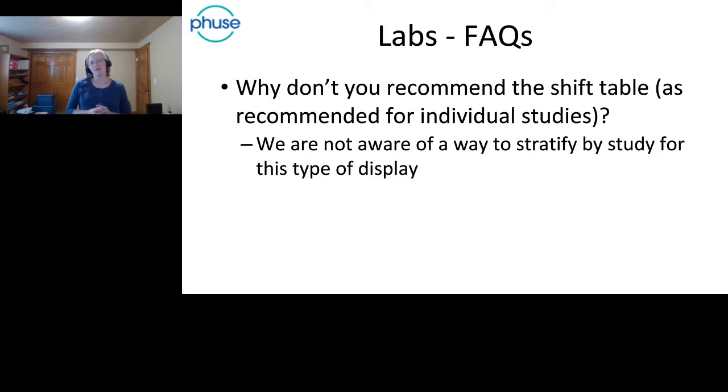But in the integrated world, we don't really know how to create a similar display that appropriately adjusts for study, right? How to stratify by study in that type of display. So right now, it's just not recommended because we don't necessarily have a good method to make sure you're not being misled, or that a lack of stratification is not causing an issue, a paradox.